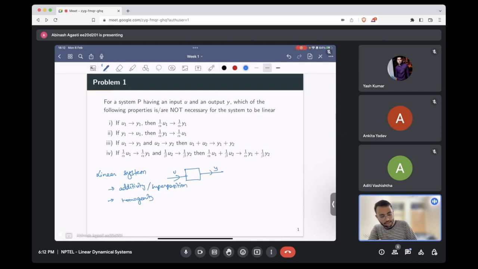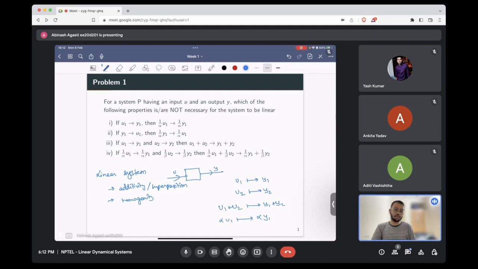What that says is, if I give U1 and the system outputs Y1, and when I give U2 the system outputs Y2, then if I give U1 plus U2, the system will output Y1 plus Y2. And if I give alpha U1, then the system will output alpha Y1.